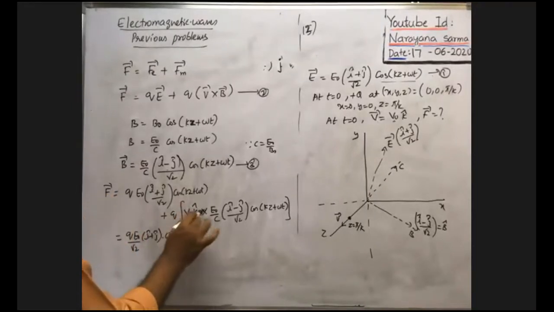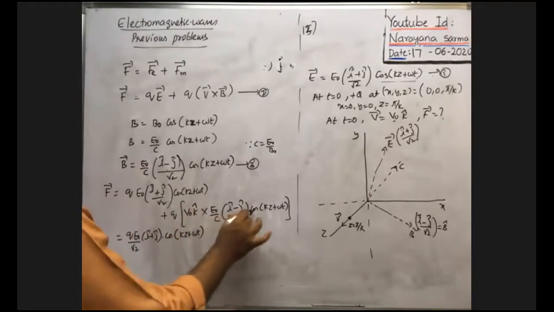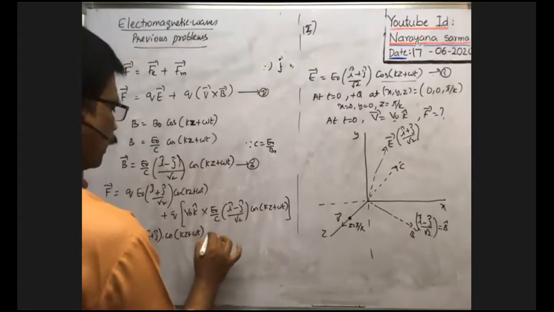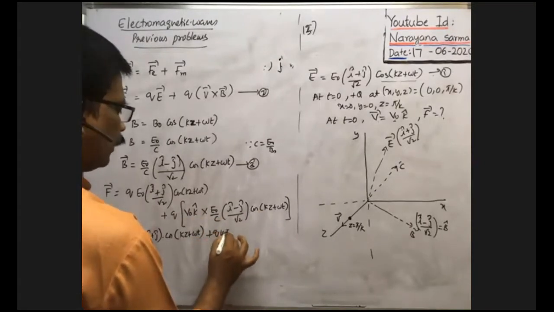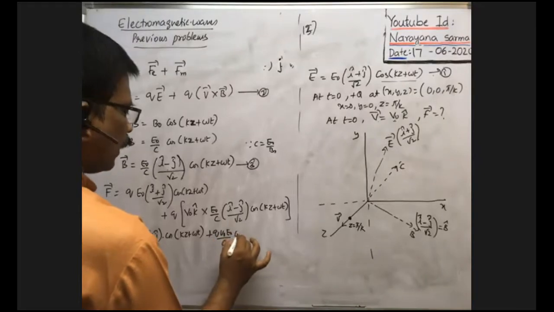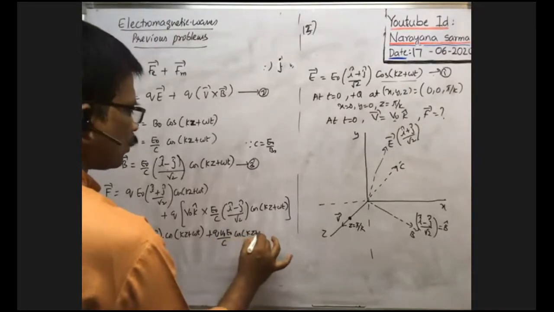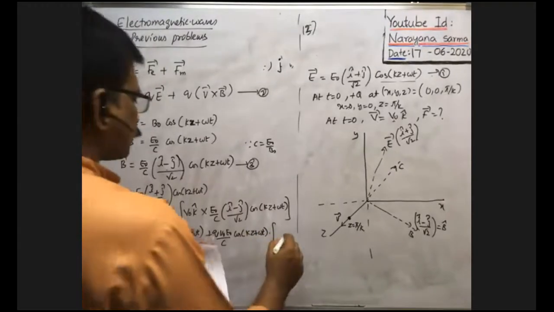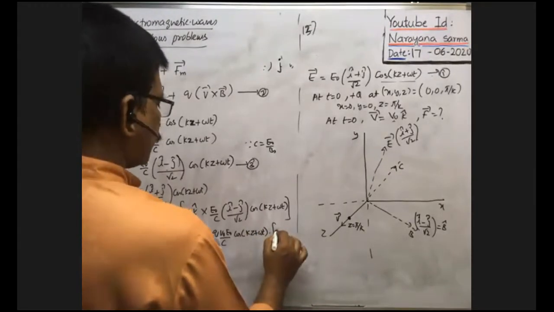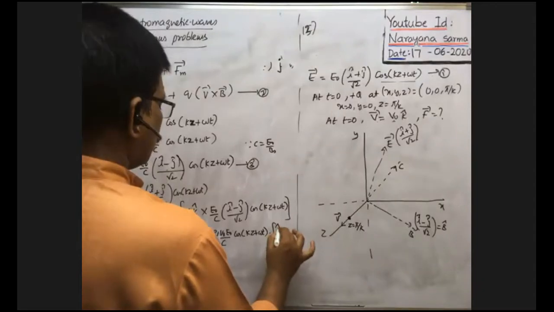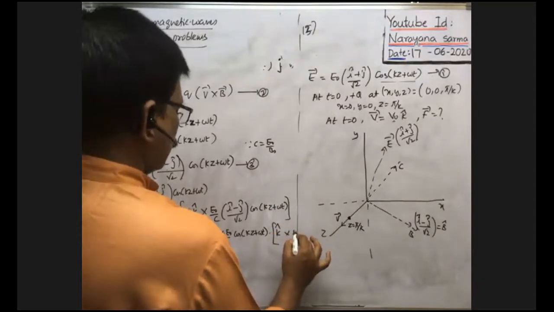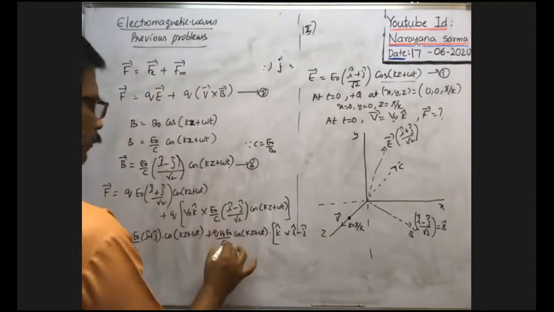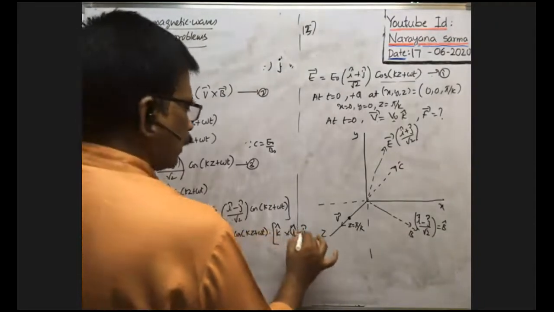Here v naught is constant, E naught by c cos something is constant, so you write it outside. So plus Q v naught E naught by c into cos(kz + ωt), and you write root 2 also outside, into k cap cross (i cap minus j cap).